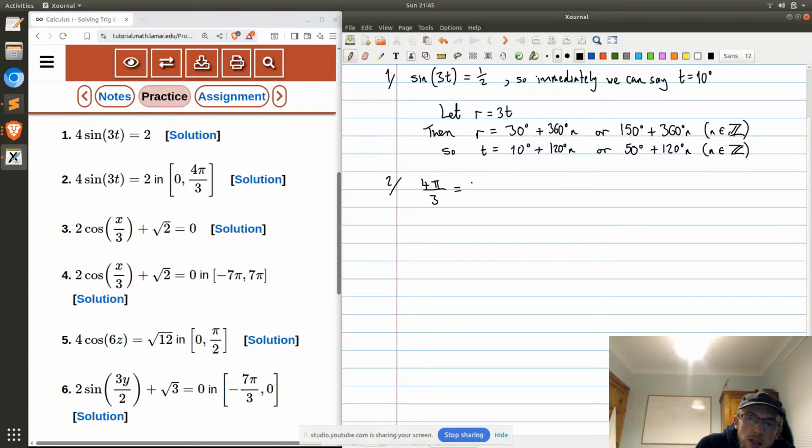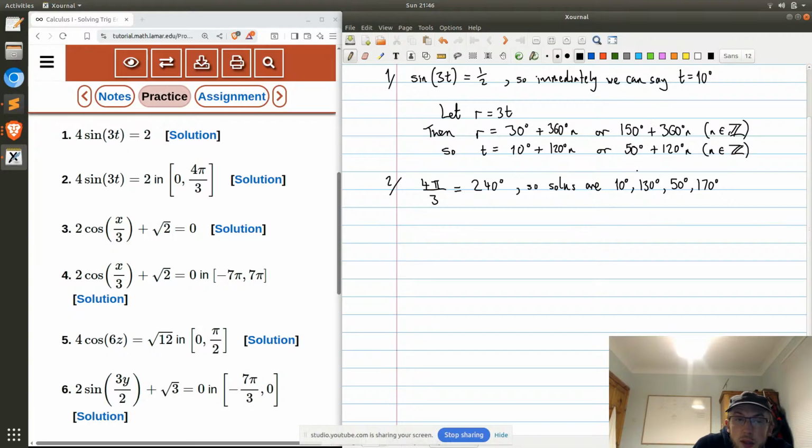That's strange, why it's taking so long. 10 degrees and 130 degrees from that. And then 50 degrees and 170 degrees from that. So I think it's those four.